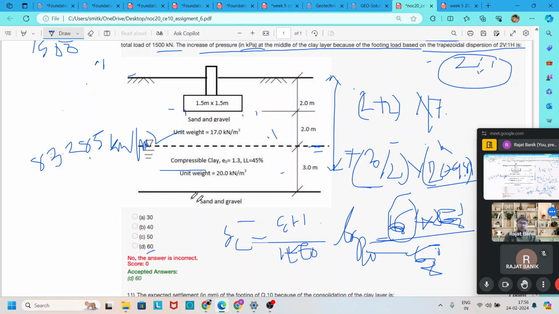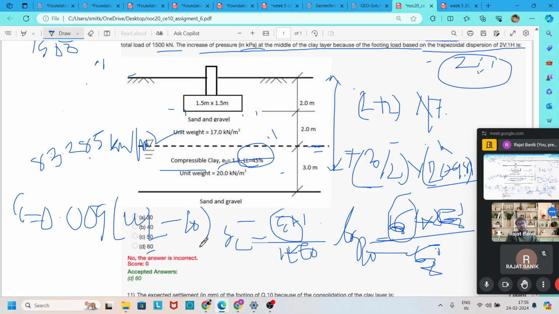Now to solve this, we need to find the compression index, Cc. Here Cc is not given, but the liquid limit is given, which is equal to 45. We know the empirical formula: Cc is equal to 0.009 into (liquid limit minus 10).